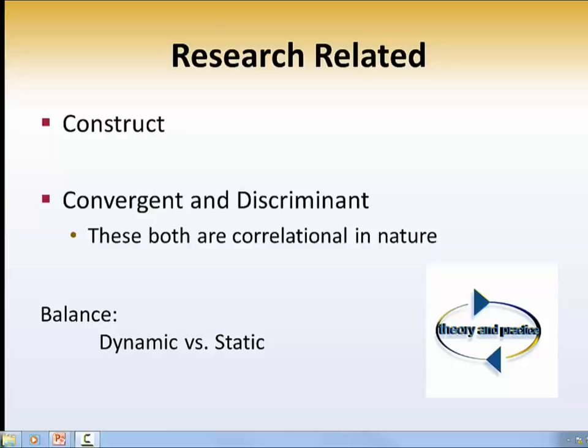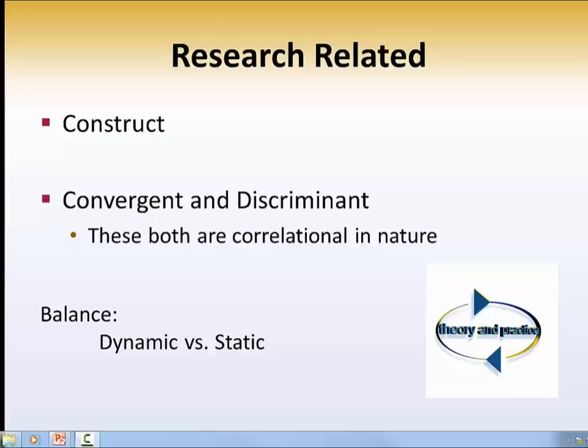If you administered 5 measures of dynamic balance and 5 measures of static balance, if dynamic and static balance truly do exist, the items that measure dynamic balance would all tend to correlate fairly moderately or highly. The 5 items that measure static balance would tend to correlate moderately or highly. But yet when you looked at the correlations between items that are dynamic and static balance, if in fact dynamic balance is different than static balance, then those correlations would be low.